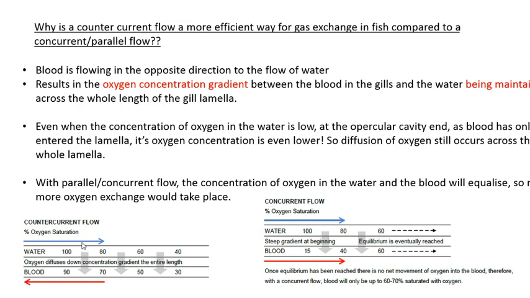But in a countercurrent flow, not a steep gradient, but you get constant diffusion down the entire length, which means overall more oxygen diffuses into the fish's blood, which makes it more efficient.